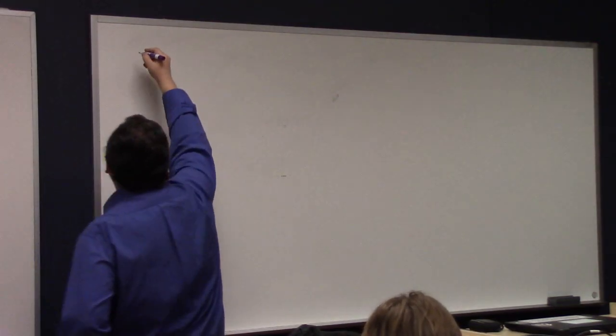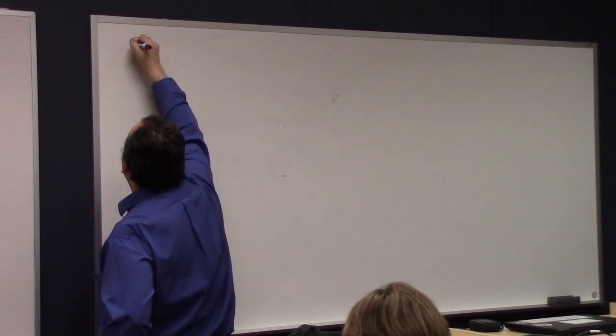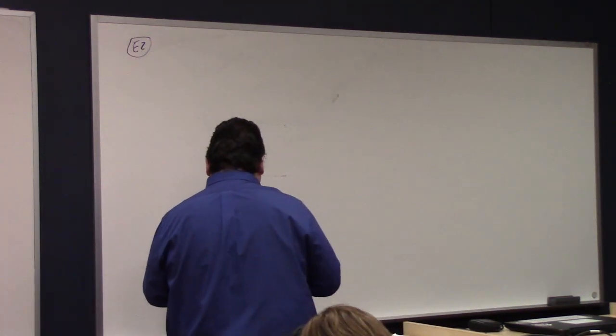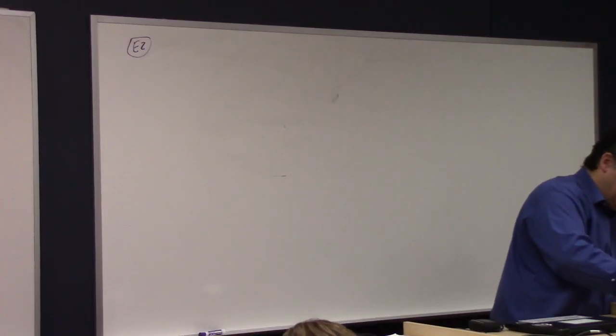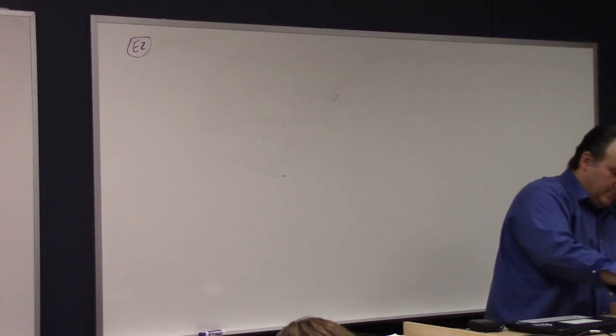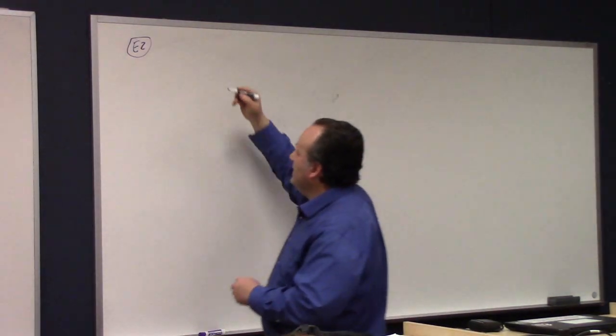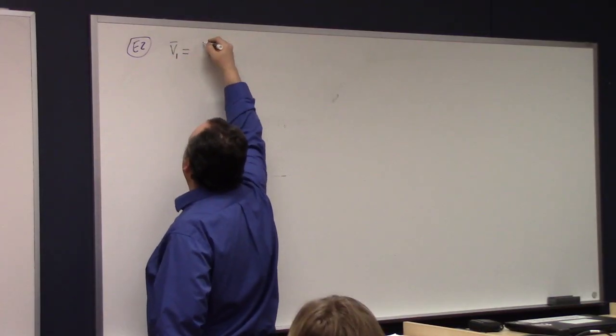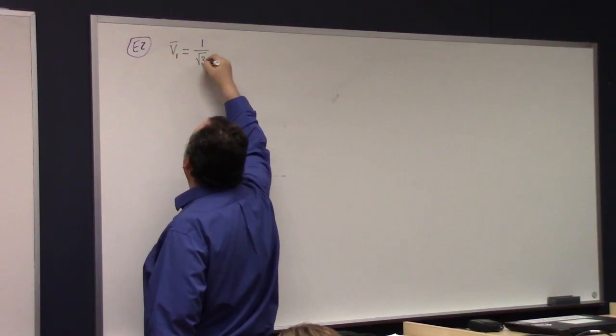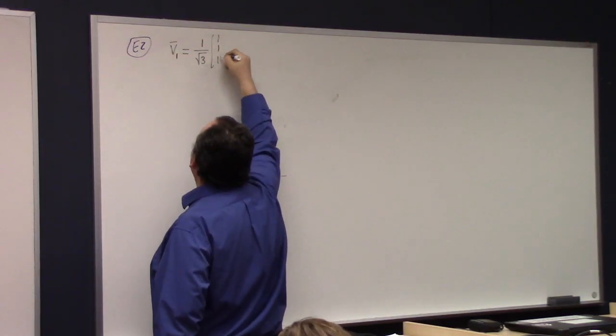So here we go. Let's try beta bar, let's see, v1 bar. How about 1 over the square root of 3, times (1, 1, 1).